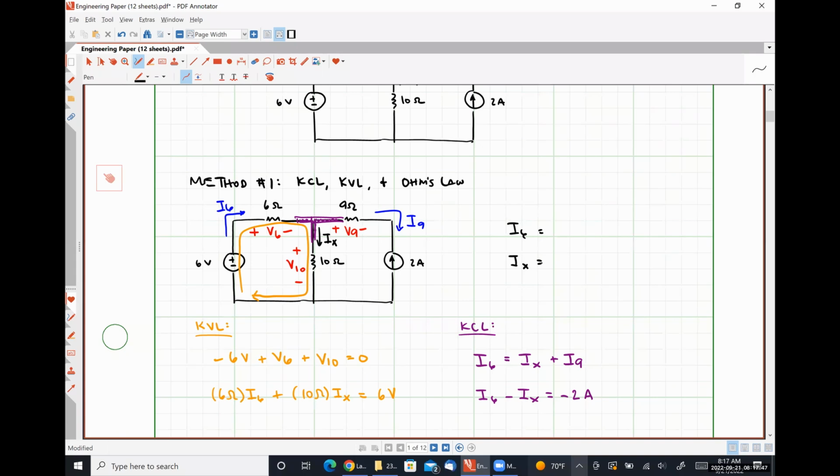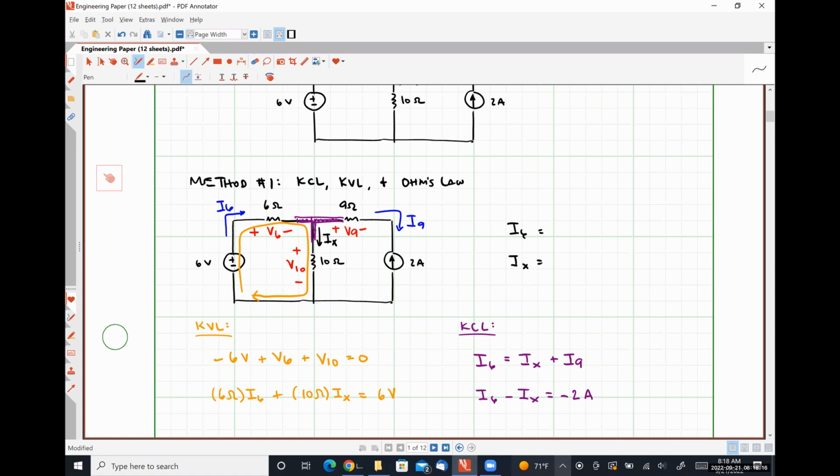So I'm using a TI-36 going into my system solver, and this is a 2x2 linear system of equations. My coefficient for my first variable, which is going to be I6, is 6. My coefficient for my second variable, Ix, is going to be 10. And my constant term is 6. So that's my first equation.